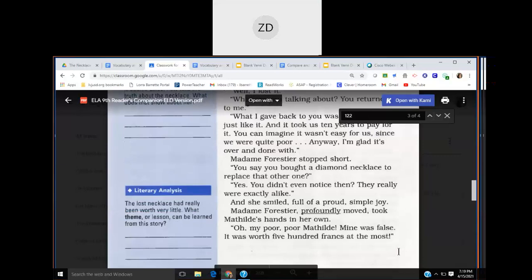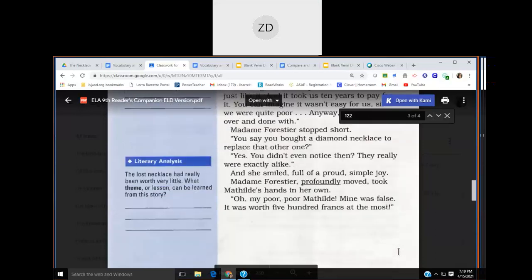Wow. So, do you guys get it? The necklace that she borrowed was a fake. It was fake diamonds, and it was only worth about 500 francs, and she replaced it with a real one.